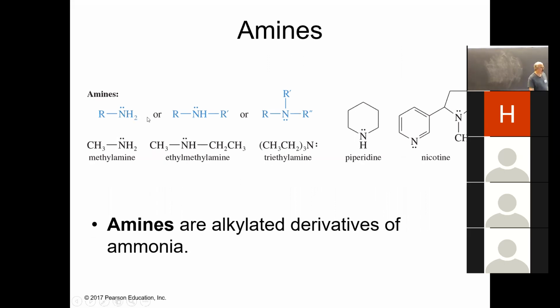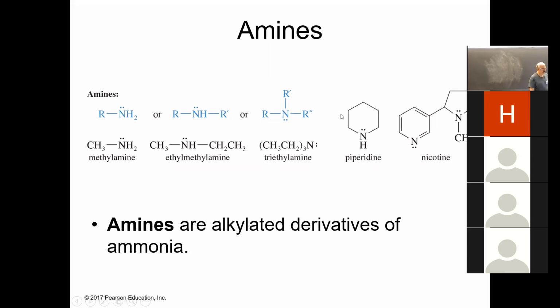We start with ammonia, NH3, and then we replace 1, 2, or all 3 of the hydrogens with carbon groups. These are just a few examples. This is methylamine, ethylmethylamine, where ethyl is a 2-carbon branch, and then this is triethylamine. We've got all 3 hydrogens replaced with these 2-carbon branches called ethyls.